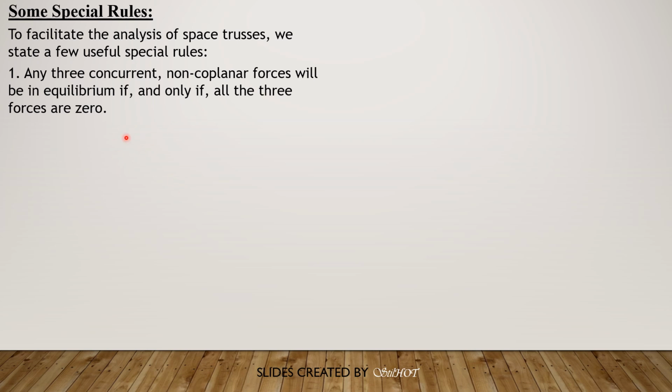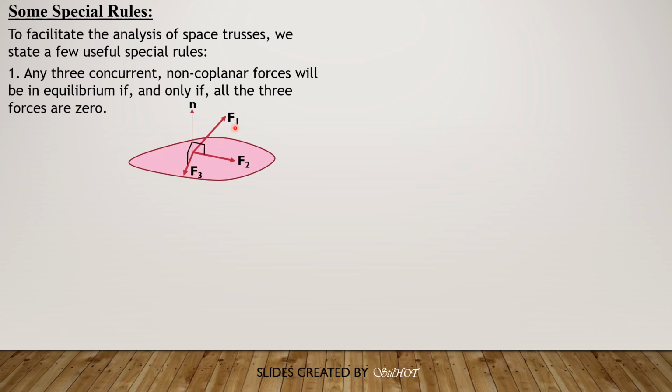Remember in 2D, if there are only two forces that are not collinear, then for the two forces to be in equilibrium, each must be zero. If it is 3D, then it is extended to three. The proof is you can orient the three concurrent non-coplanar forces in such a way that two of them will be coplanar. So in this case, N is the axis perpendicular to the plane of F2 and F3.